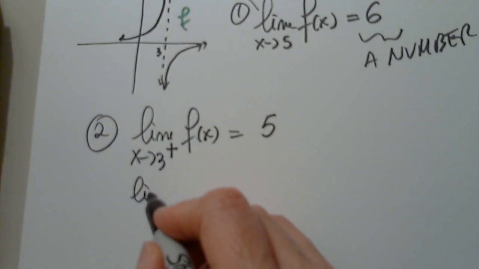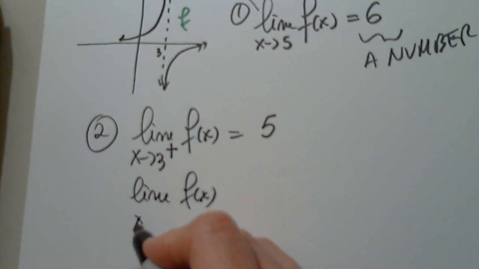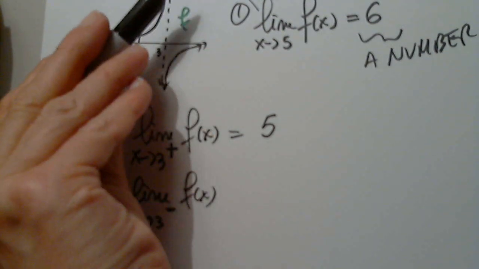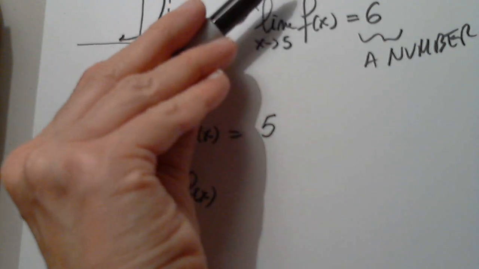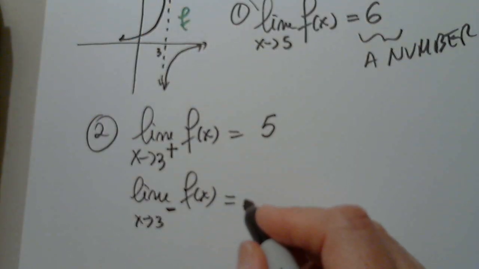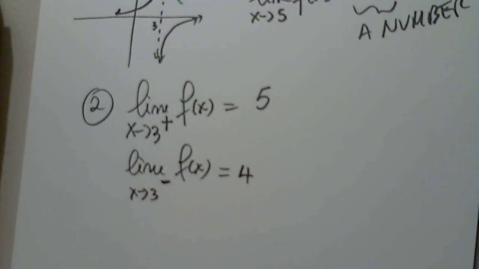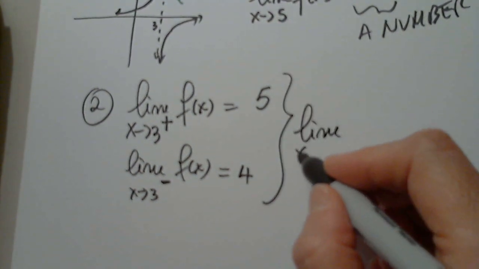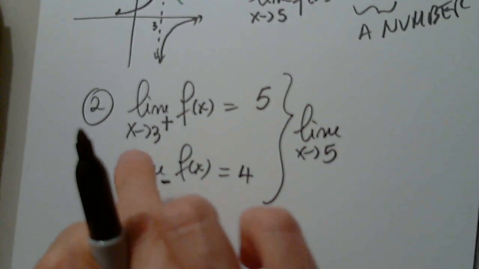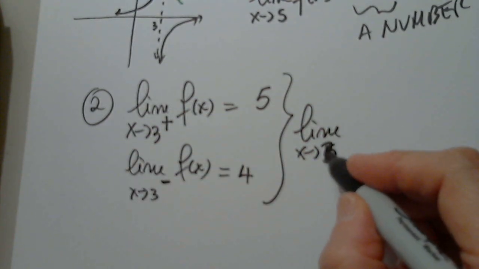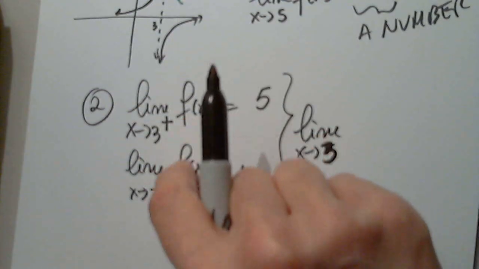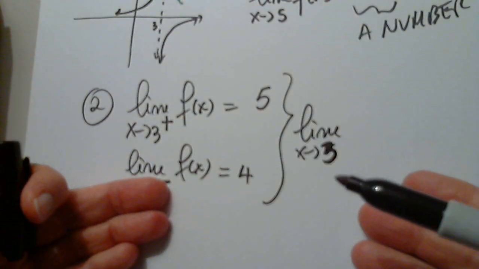You also said that the limit of f of x as x approaches 3 from the left, power of negative, means from numbers lower than 3. You said that this was 4. But now, what will you say for the limit as x approaches 3? I meant 3, of course. 3 from either side. No plus, no minus.